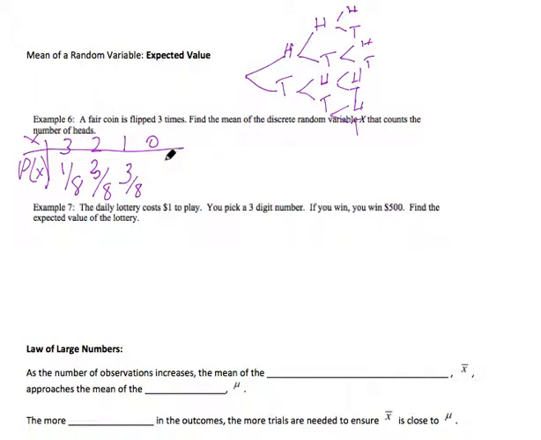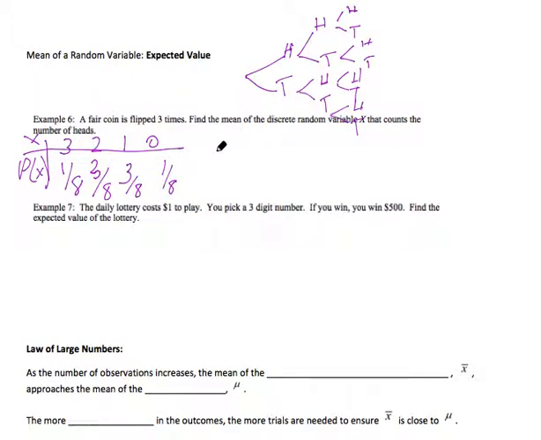And getting 0 is 1 out of 8. I'm just counting up. Okay, here's the one time I don't get any. I get 3 out of 8 by having heads, tails, tails, tails, heads, tails, etc. So 3 out of 8 times I can get 1, and 3 out of 8 times I can get 2.